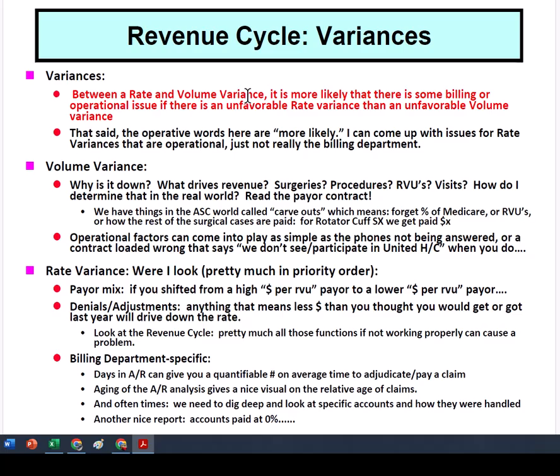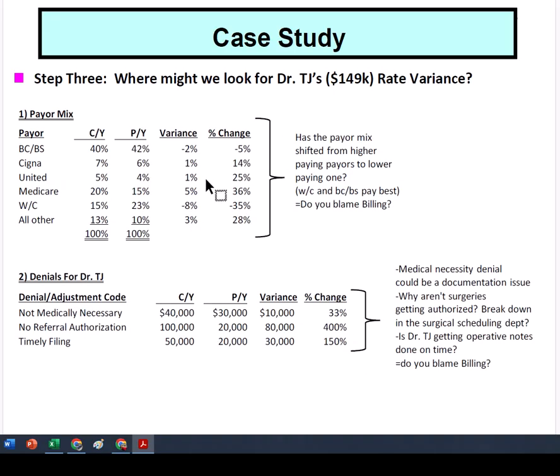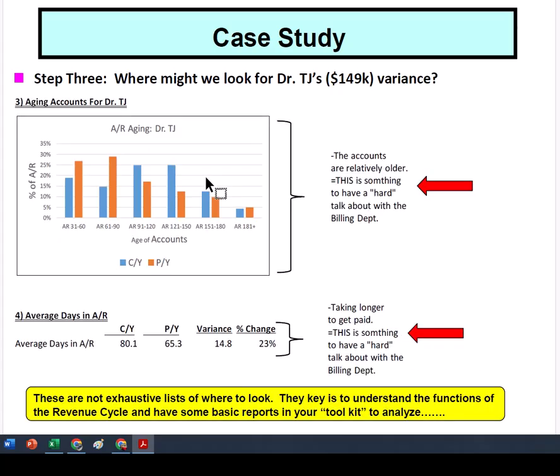Okay. Again, more likely, not definitive. So we saw that based on the RVUs, there could be marketing. There's less RVUs.